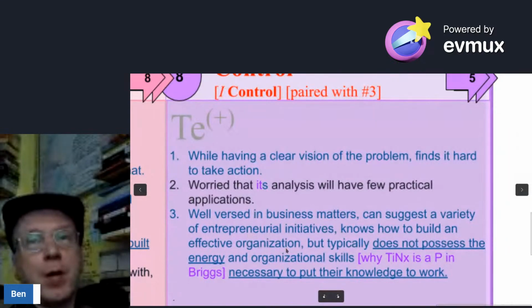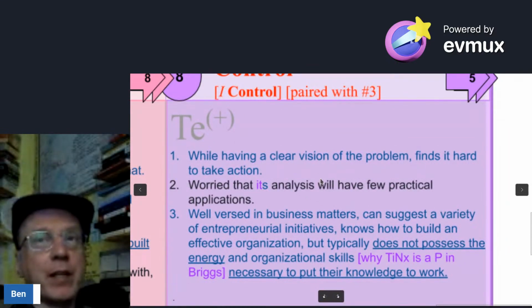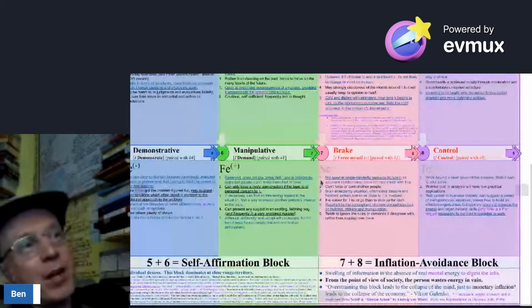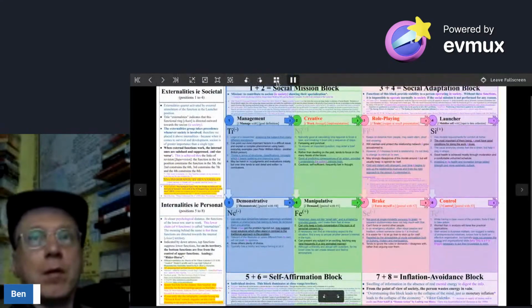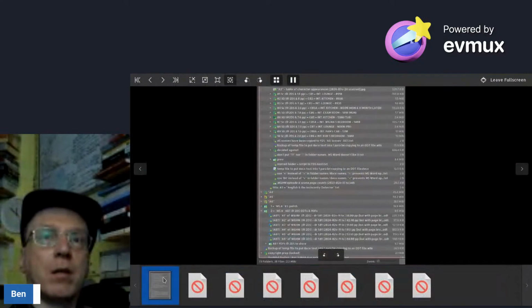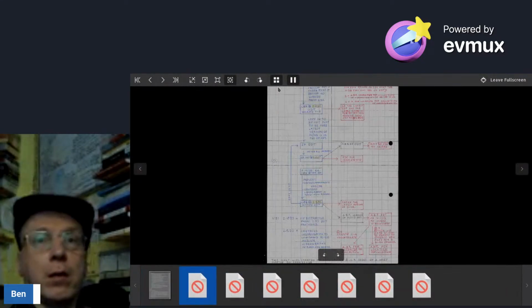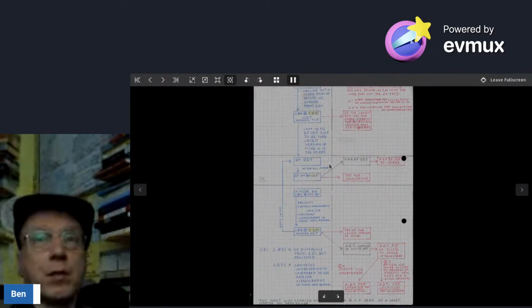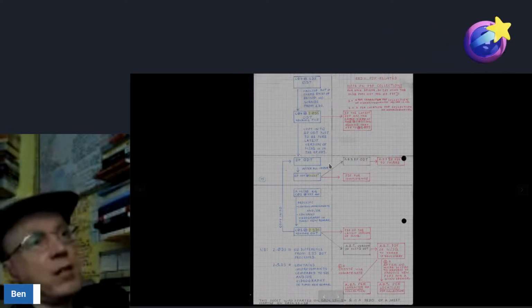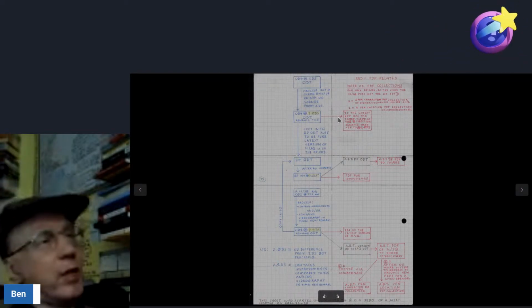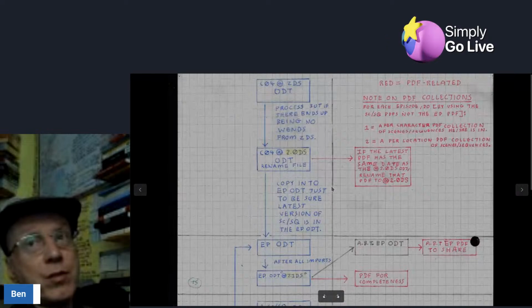But it's this information, this having a clear vision of the problem, that makes the task easier. So, for example, this makes the task easier of doing my updates because I know what to do.